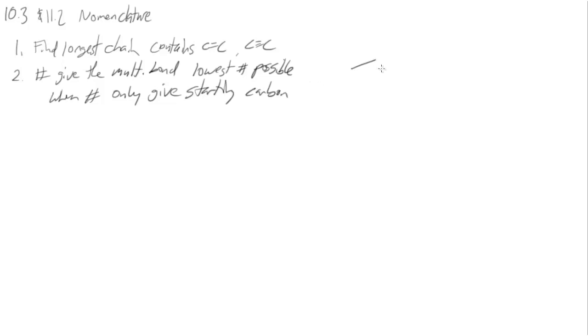For example, if I have 1 butene, the alkene starts at 1 and ends at 2, but I would name this 1 butene. And that would be preferable to starting at the other end and going 1, 2, 3, and calling this 3 butene.